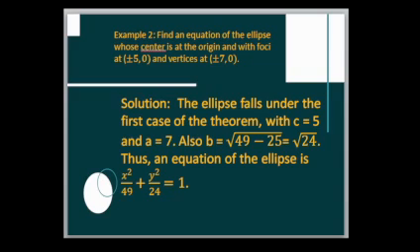Thus, an equation of the ellipse is, okay, we will substitute these numbers into the given formula. We have x squared over a squared, which is 49, plus y squared over 24 equals 1. Why 24? Because that's the value of b squared.